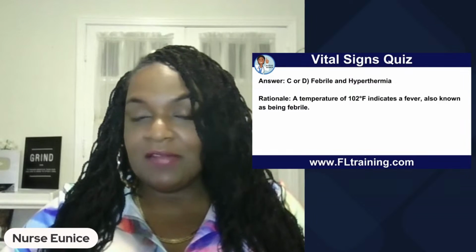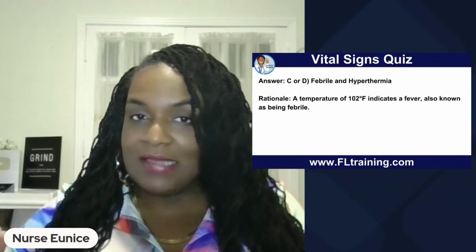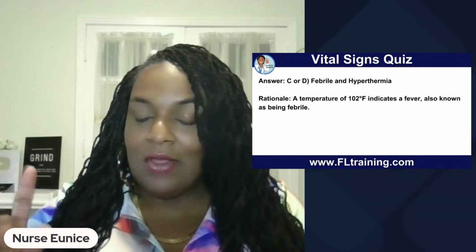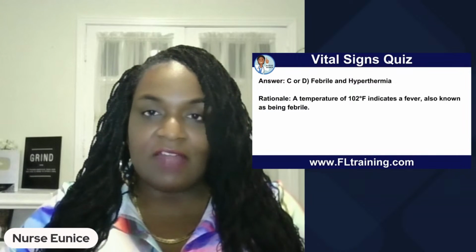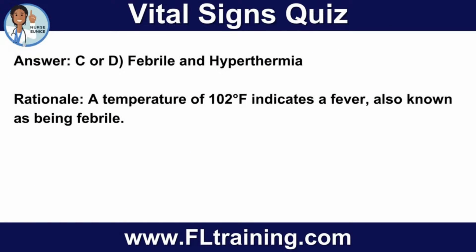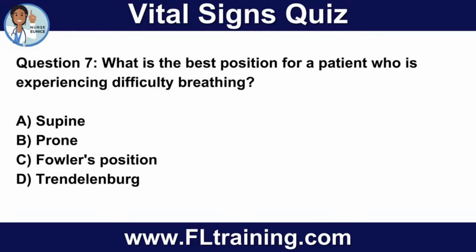However, if her baseline is normally 97.8 and today she's 99.8, we need to be considering whether or not she has some type of infectious process. So you'll see us treat an elderly person with an elevated temperature a little differently. So we don't wait for them to have a temperature of 102 before we say they have a fever or that they're febrile.